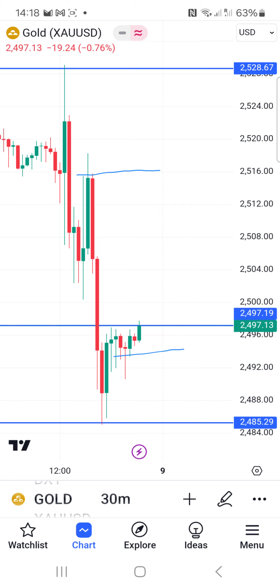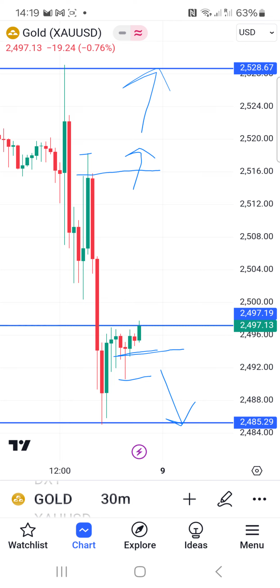So we will wait for the price to take out this low and move down, or we can wait for the price to take out this high, and also try to retest this.